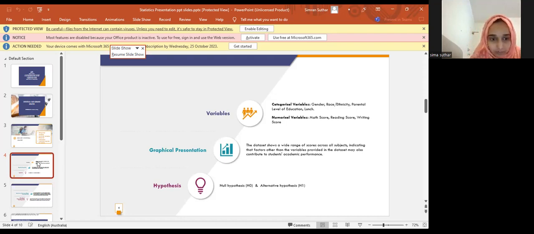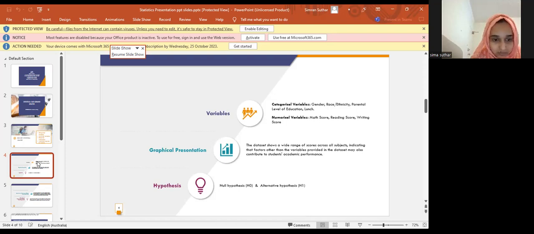For the hypothesis test using a two-sample test, we need to formulate the null and alternative hypotheses. The null hypothesis: there is no significant difference in the mean math scores between male students group A and female students group B. The alternative hypothesis: there is a significant difference in math score between male students and female students, group A and group B. For the statistical decision, we will use a significance level alpha of 5%, 0.05, for our hypothesis test.